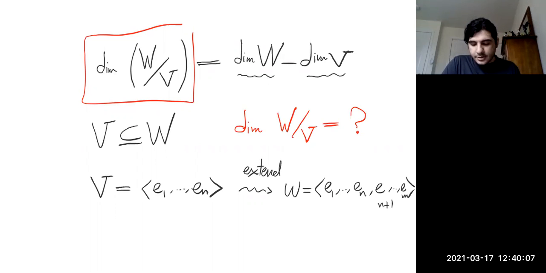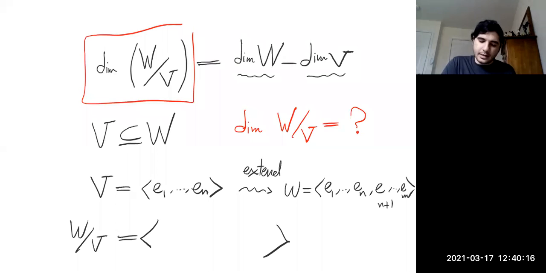Okay, so I want to find a basis for W over V, and I claim that the basis is this thing. Look at these vectors here, En+1 up to Em.